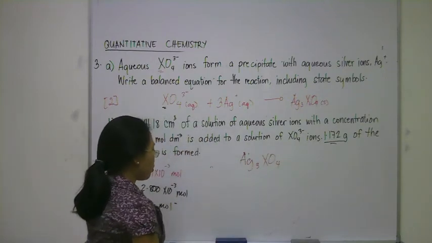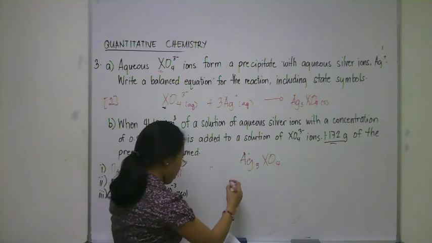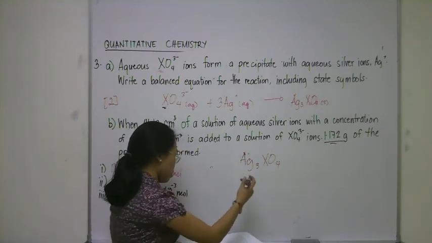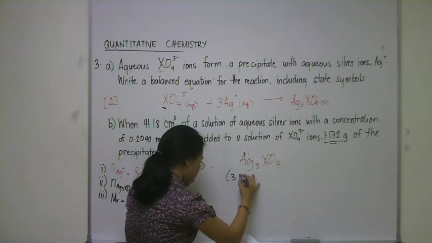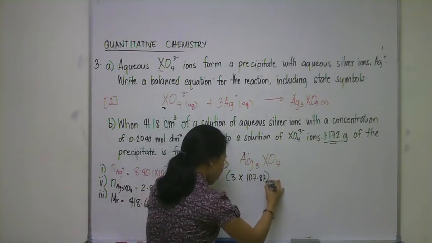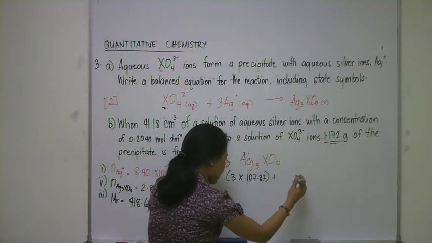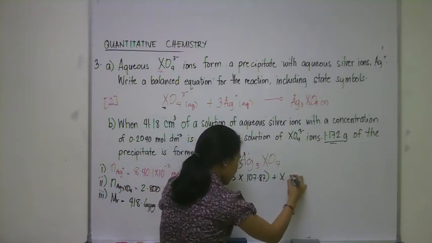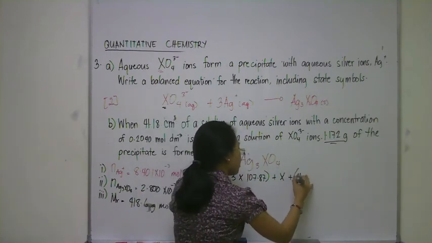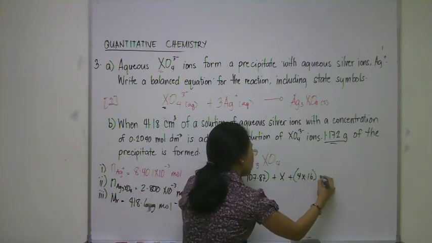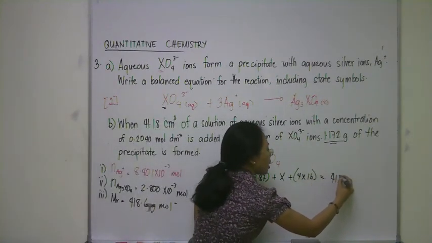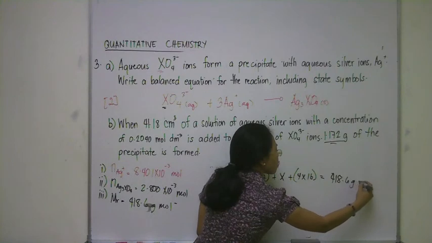So the AR of silver is 107.87, times 3, plus X plus 4 times 16 is equal to the MR, 418.6 gram per mole.